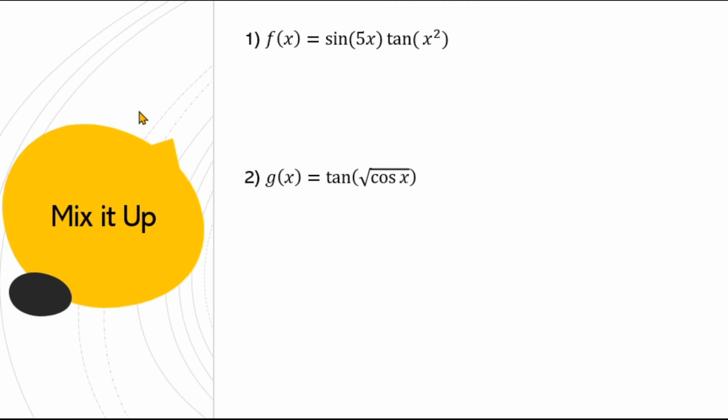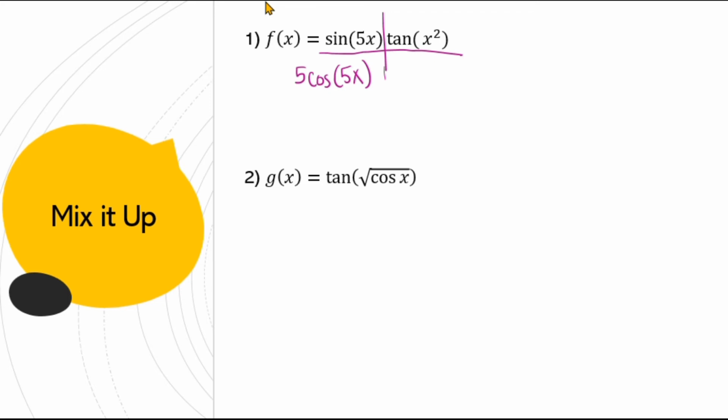And the last two quick examples. This one looks like it could be product rule in the making if we do a little work beforehand. So the derivative of sine of 5x: the derivative of the inside, u prime, would be 5, and then the derivative of sine u is going to be cosine u, so cosine 5x.